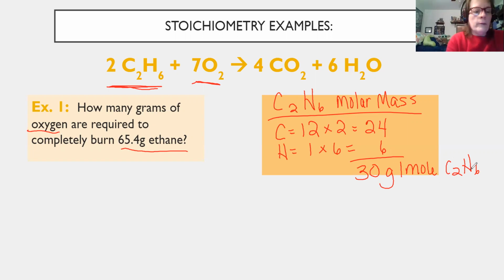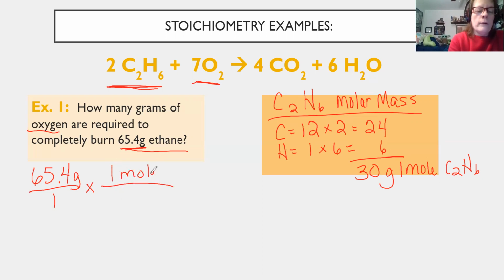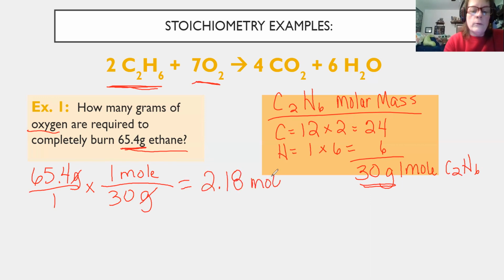All right, so we have to convert what we have, and we know we have this many grams. So let's start with what's given, and we've got to convert that to moles. Well, 1 mole is equal to what? We just said 30 grams. We'll put the grams down here so they cancel out. If you plug this into your calculator, you should get 2.18 moles of C2H6.